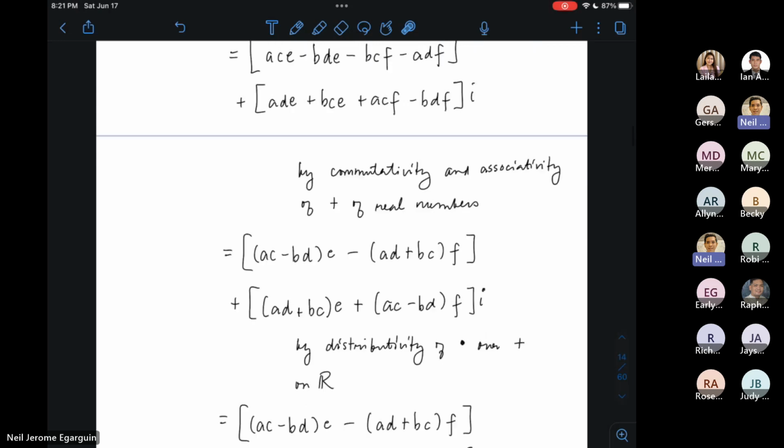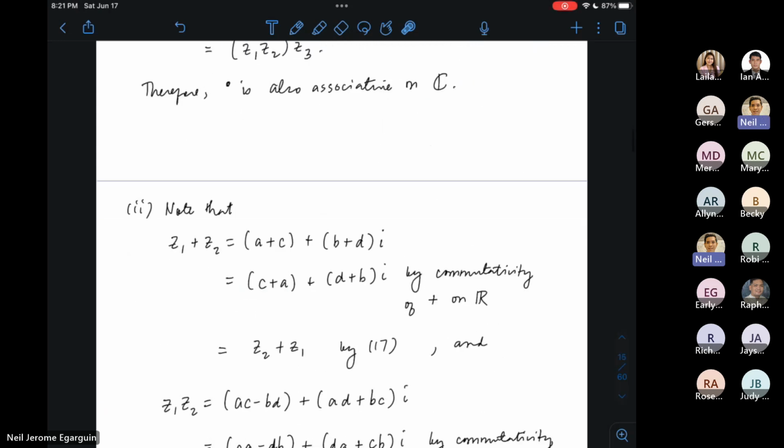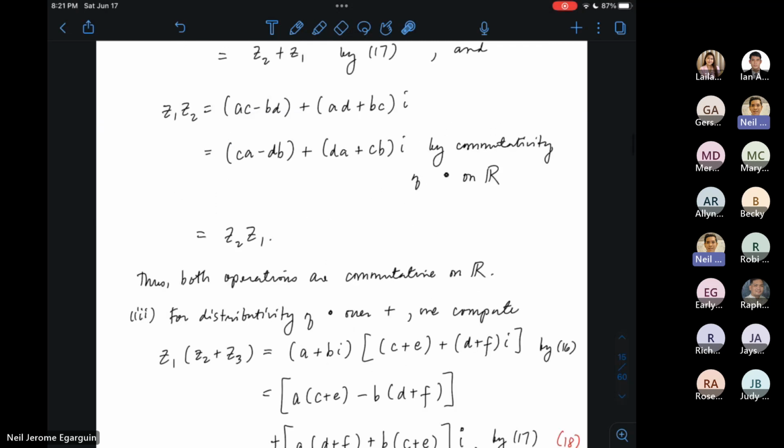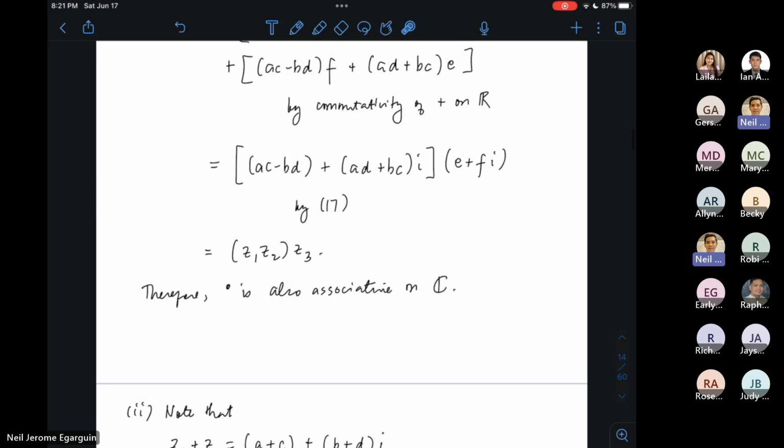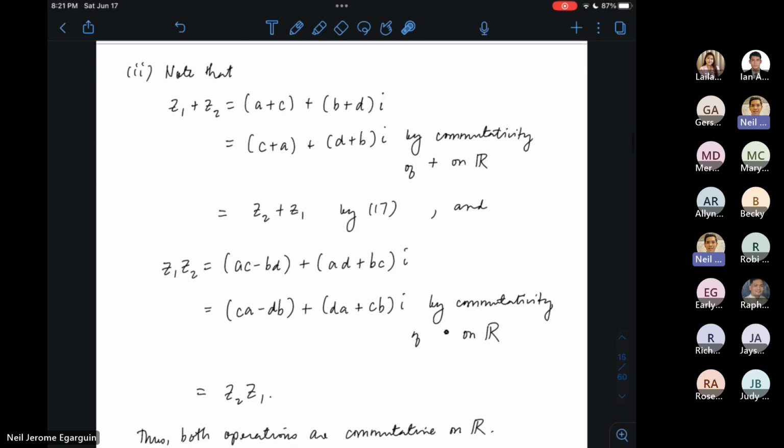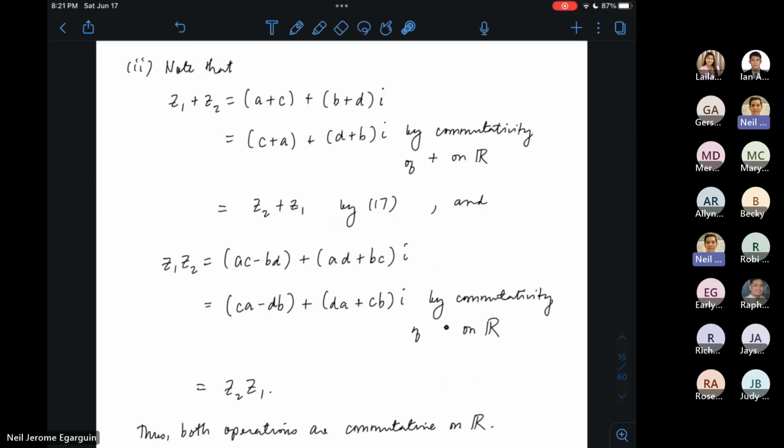Okay lang ba if I leave the reading of that part to you guys? Yes, sir. Thank you. And then yung commutativity ay mas simple kaysa sa associativity. Talaga mas mahirap yung associativity. May nakapag-start na nung homework? Ginawa niyo ba yung associativity problem doon?